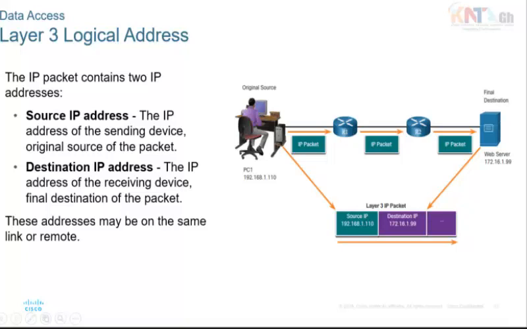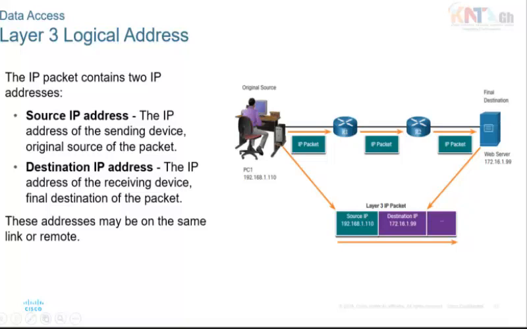It moves through the cables as bits of zeros and ones. Then it moves to layer 2, which we call the frame. When it moves to layer 3, it becomes packets because they are encapsulated frames. And routers forward packets.